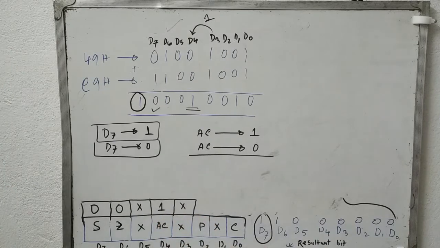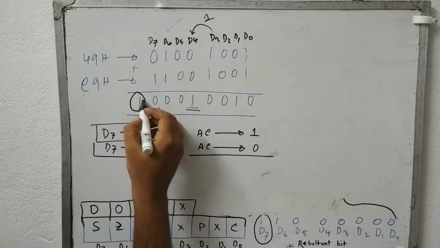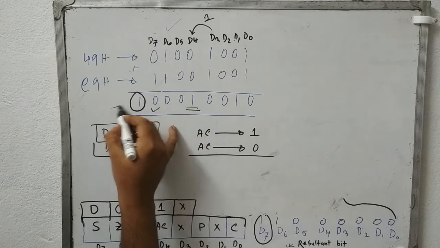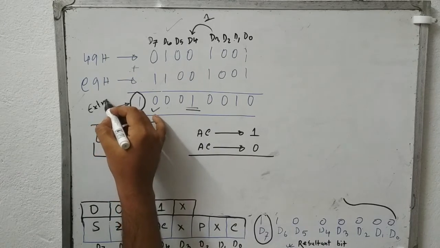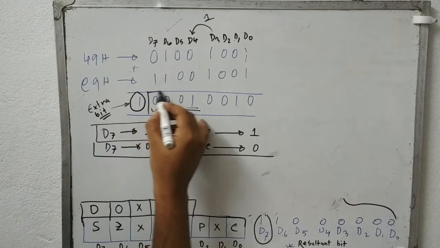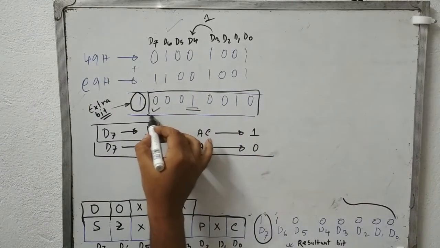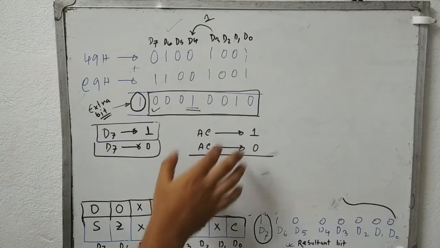Parity: are there an even number of 1s in the resultant 8 bits? The resultant bits are these 8 bits, except this extra bit. How many 1s are there?